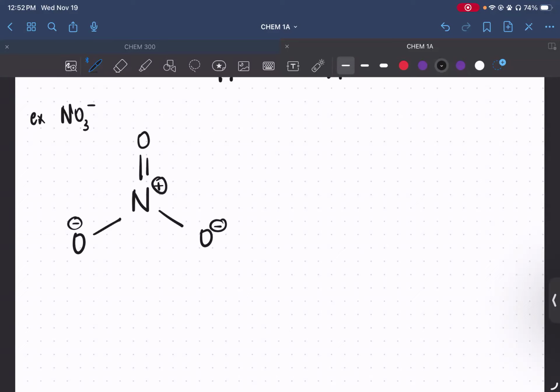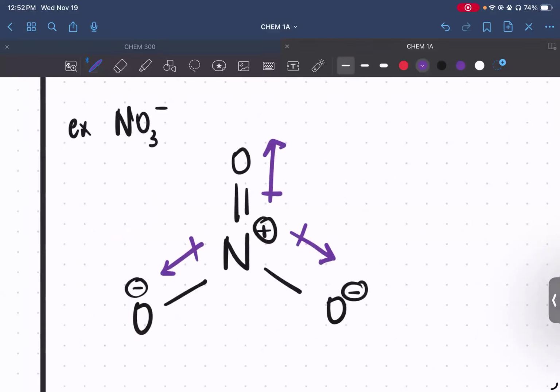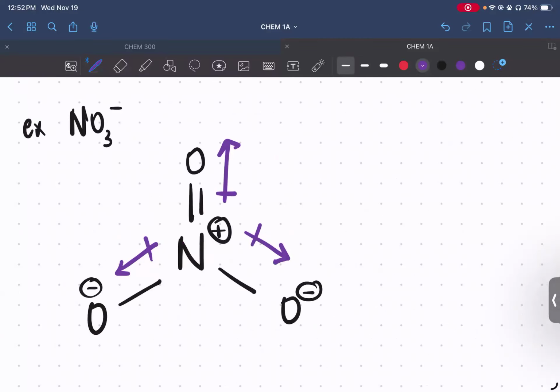We should be, in theory, able to draw all of the arrows that represent the uneven sharing. We see, of course, there is an arrow here, an arrow towards the other oxygen, as well as an arrow to the double bond oxygen. And how do we know which side is positive or negative in this case? The formal charges tell us.